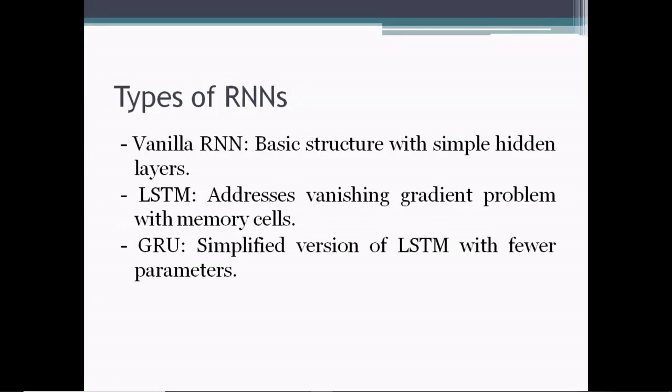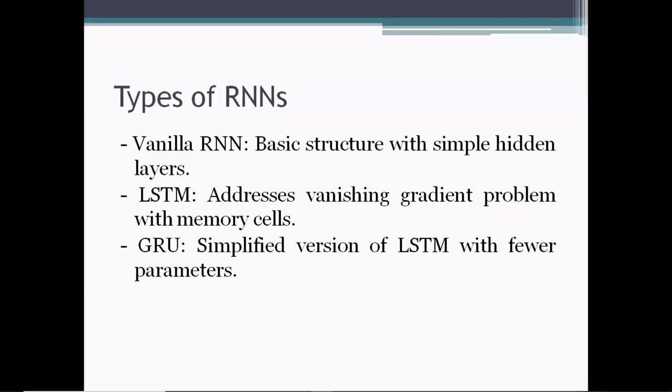Okay. Now, what are the different types of RNN? There are various varieties of RNN, like vanilla RNN, LSTM, which is very popular, and the GRU. Vanilla RNN has the basic structure with simple hidden layers. LSTM addresses the vanishing gradient problem with memory cells.